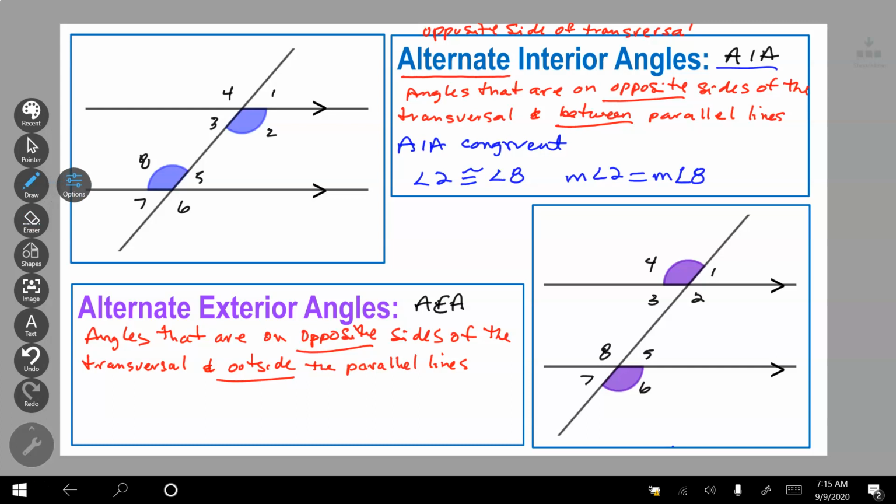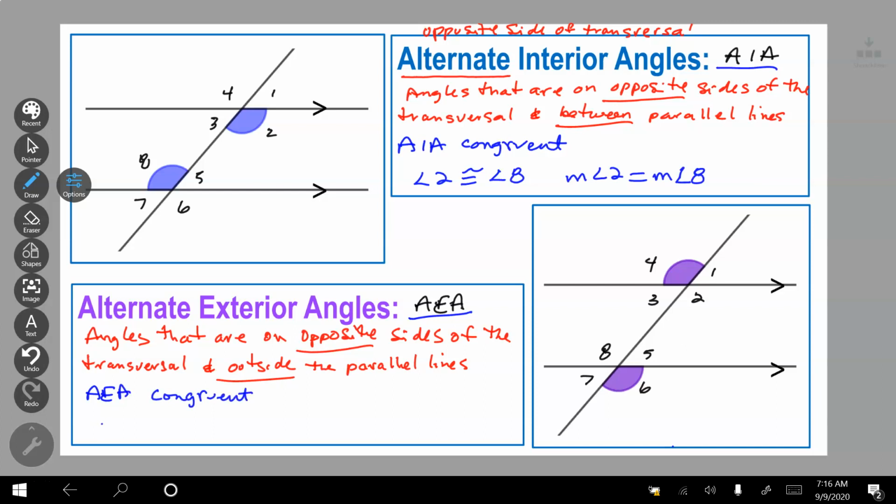Conversely, alternate exterior angles, which I abbreviate AEA, are angles that are on opposite sides of the transversal and outside the parallel lines. So that would be, in purple here, angle 4 and angle 6. And again, the angles are congruent.